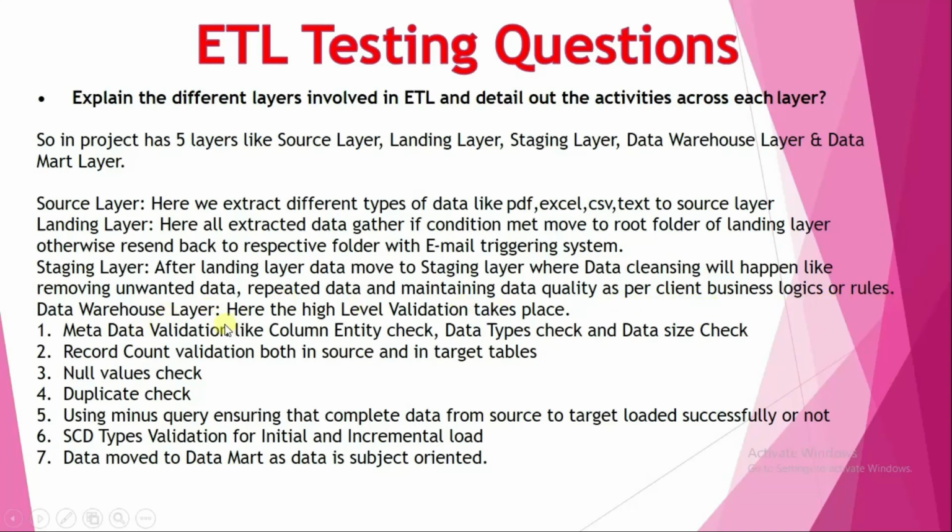Then the data warehouse layer, where the high level validations take place. Metadata validations like column entity check, data types check, data size check and null constraints check, and then record count validations in both source and target tables, null value check in target tables, and duplicate value check in the target table, and using a minus query to ensure that the complete data from source to target is loaded successfully or not.